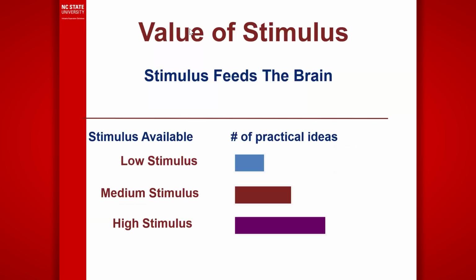So let's first talk about stimulus. Studies have shown that when you have stimulus, you're going to create more ideas and better ideas, and stimulus can come from a lot of places. Some people say they come up with their best ideas when they're out hiking and looking at nature. If that's you, that means nature is a stimulus to help you create ideas.